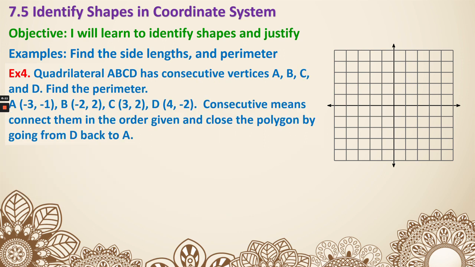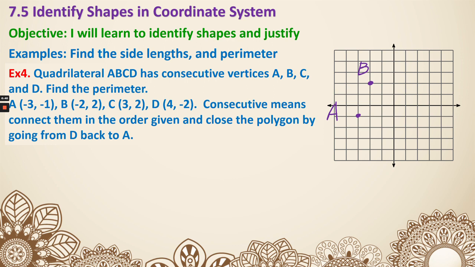Lastly, example 4. Same thing. Well, this time it actually asks you to draw it. It also explains that consecutive means connect them in the order given and close the polygon by going from D back to A. So let's actually draw them out. My A is negative 3, negative 1, right here. My B is negative 2, 2.